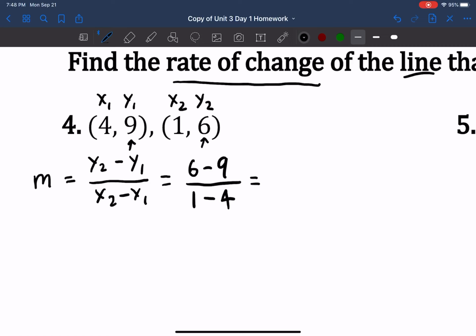So 6 minus 9 is negative 3, and 1 minus 4 is also negative 3. So this is going to be negative 3 divided by negative 3. Negatives cancel to positive, and 3 over 3 is just 1. So this is going to be a slope of 1.